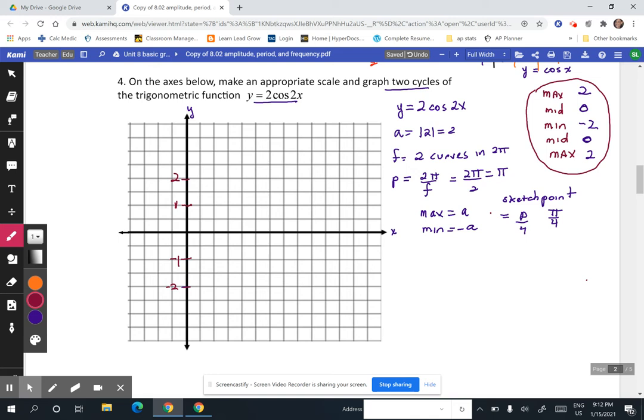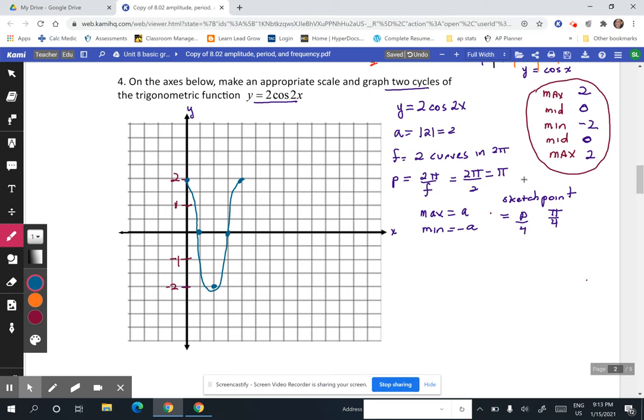So let me take out a different color. Let's see, maybe this lighter blue will show up well. And let's start graphing. So we're going to start off at 2, the maximum value. Then we're going to get to the midline, then the minimum value, then back to the midline, and then back to the maximum value. So that's 1 cycle, and let's make the nice smooth curve. That's 1 cycle.